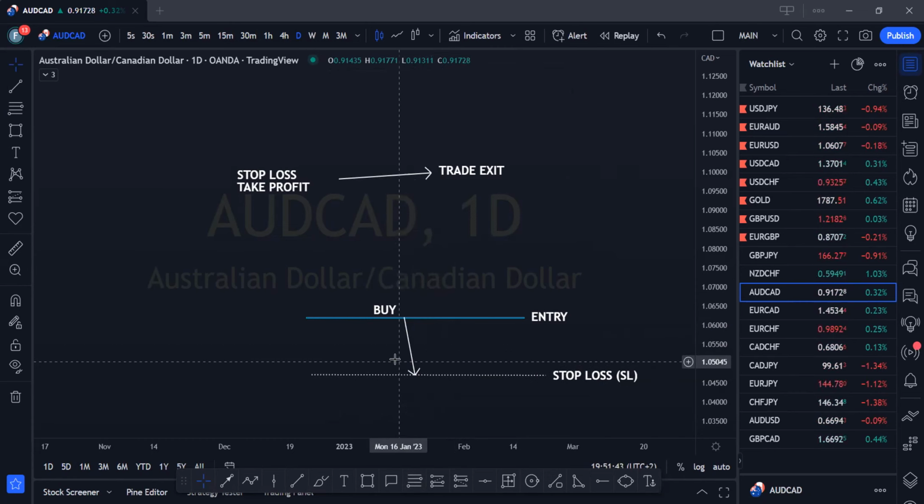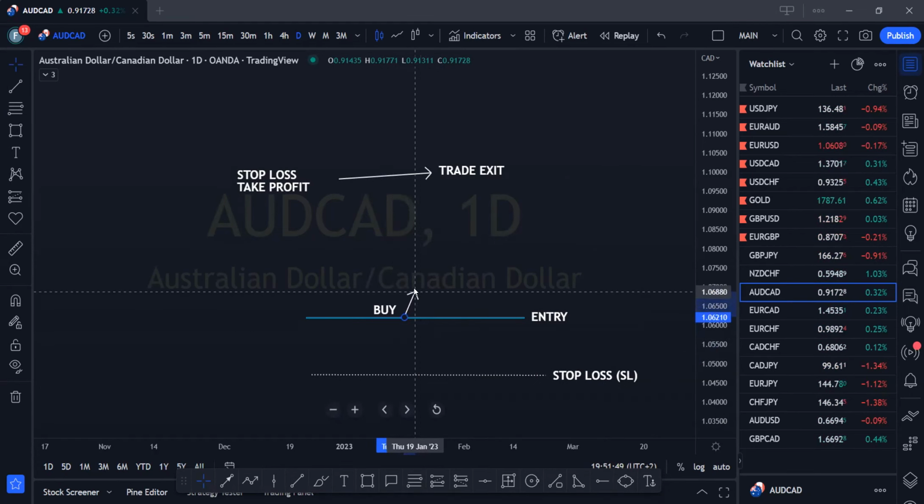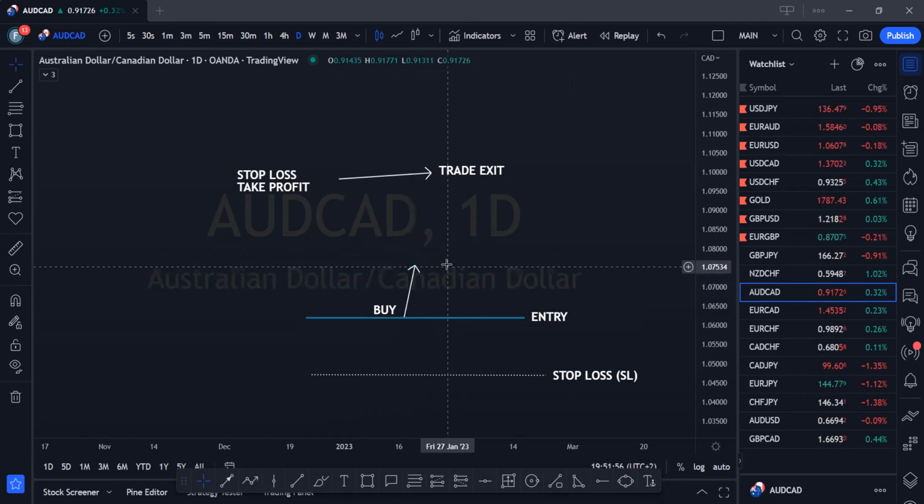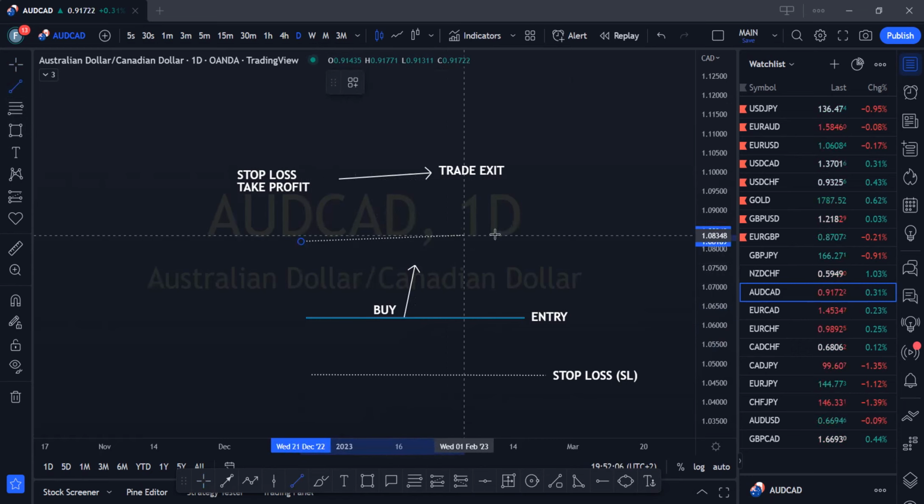Okay. On the flip side, if price starts going your direction, starts going for a buy, it makes sense not to be greedy and try to catch all the move. Based on your strategy, you have a take profit level. So let's say here.